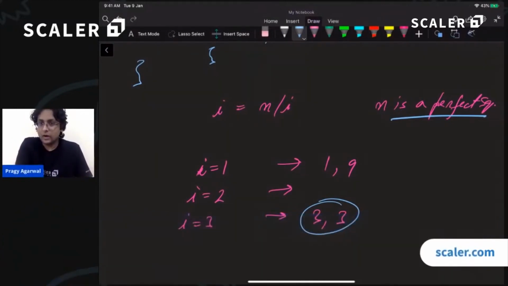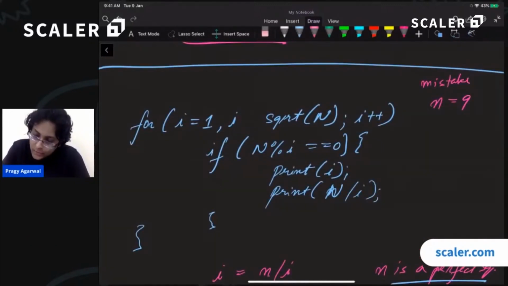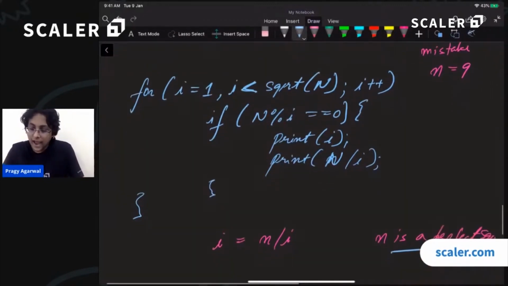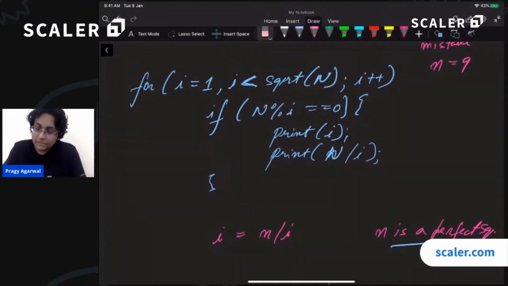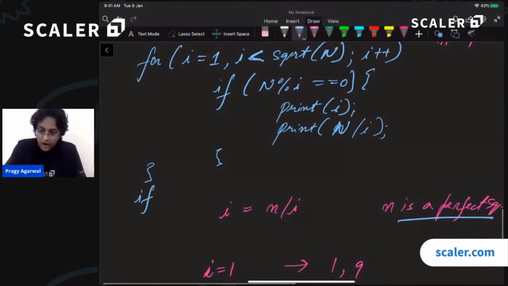So how do we resolve this? We simply say that I goes till less than square root of n. And after this loop is over, we will specially check. So after this loop, what will be the value of I? It will be exactly square root of n, if it exists.